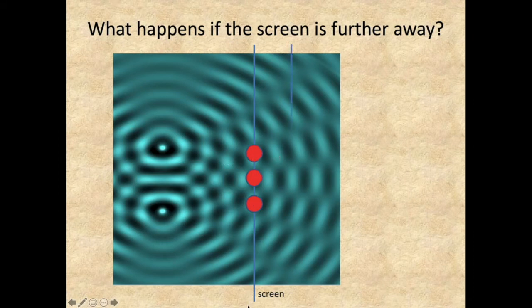If you move the screen a little bit away, you will see that on the pattern, the distance between bright fringes increases. If you look even further away, that distance increases even more. So the separation of the fringes depends on how far the screen is from the two sources.